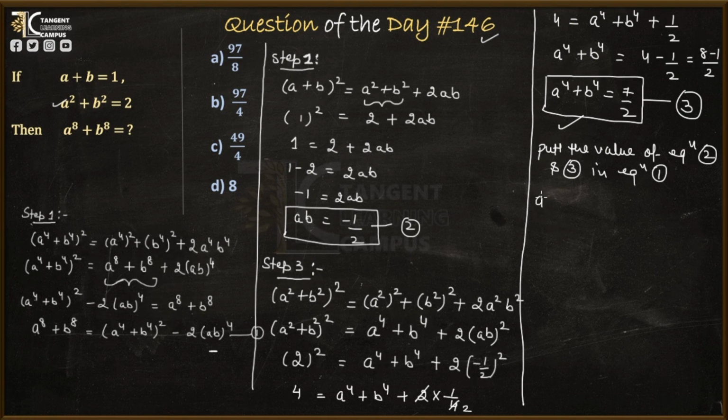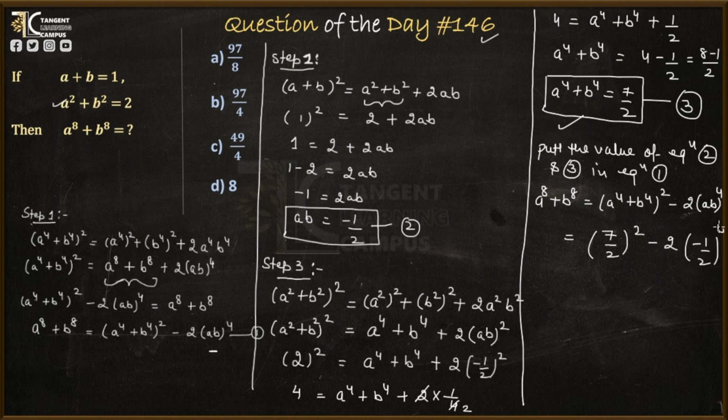We have equation 1 as A⁸ + B⁸ is equal to (A⁴ + B⁴) whole square minus 2 times (AB) whole to the power 4. Now we can put the values here. By using the third equation, we have the value 7 by 2, and this is squared, minus 2 times the value of AB, which is minus 1 by 2, and here we have the power 4.